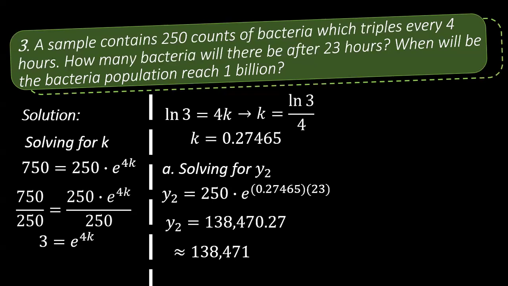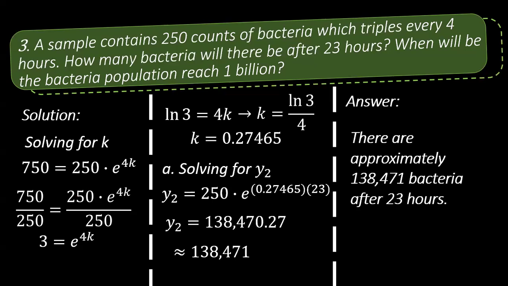So again, the rule is still rounding up because bacteria is considered discrete. So there are approximately 138,471 bacteria after 23 hours. So we have answered the second problem already.